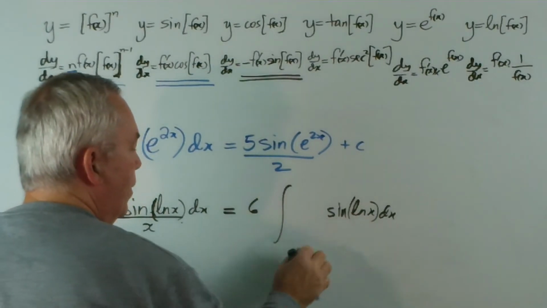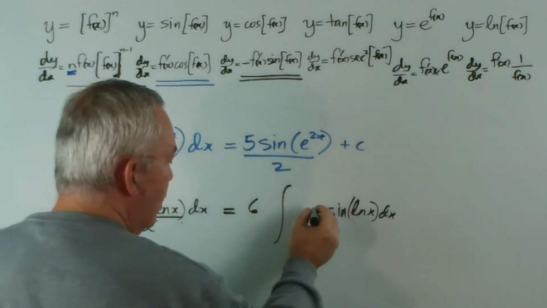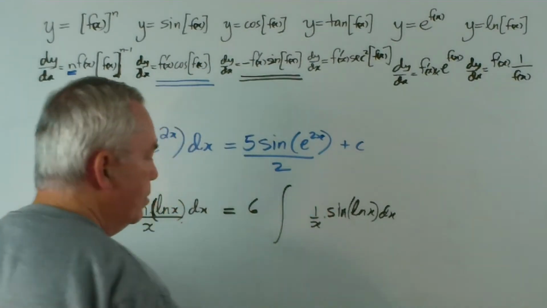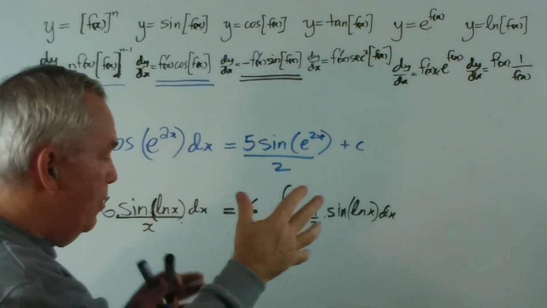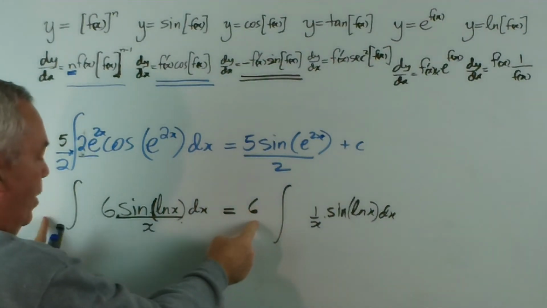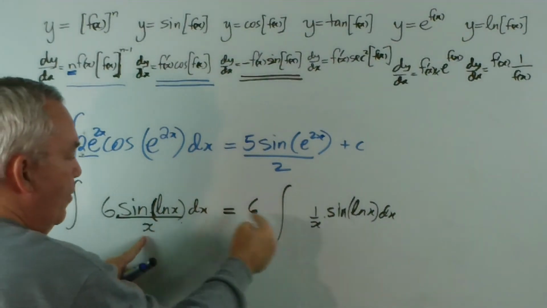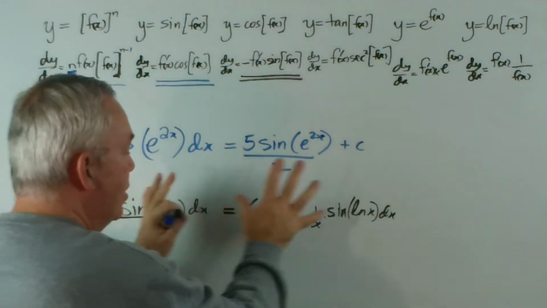And if you prefer that over x, you can write as 1 over x out the front. In other words, as long as it's mathematically correct, you rearrange it to fit the structure you want. So we've moved the 6 out the front, we've moved the 1 over x out the front, written as sine log x dx. That is the same as that.